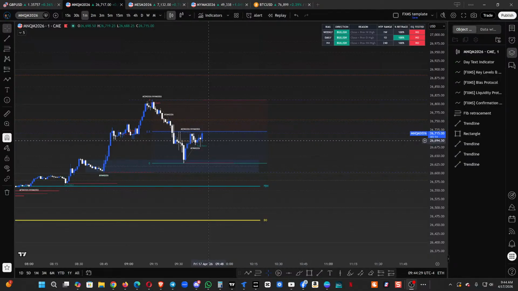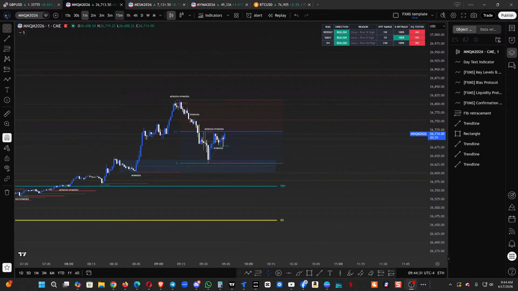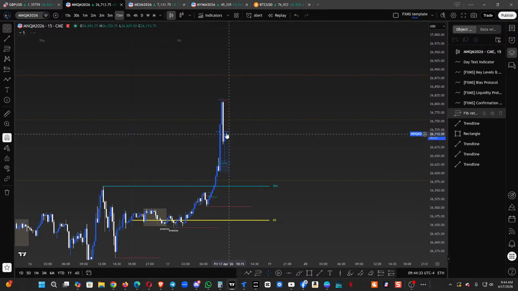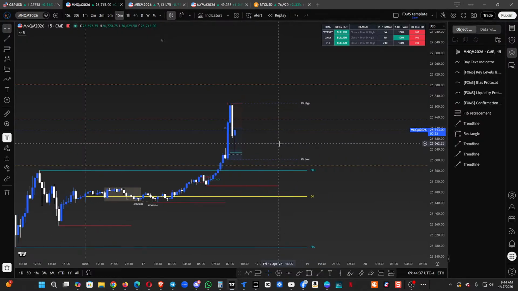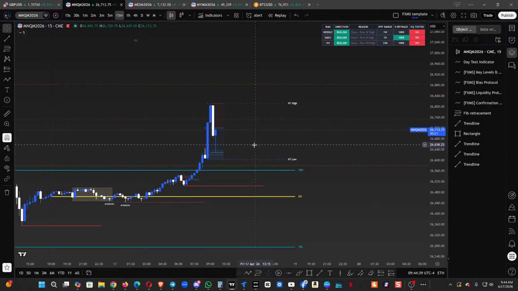Okay, coming up on the 15-minute close here. So let's take a look at the candle. It's going to be a bullish pin bar, looks like. Okay, so that's good.